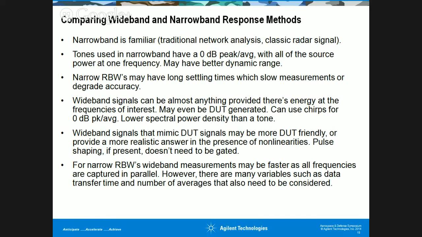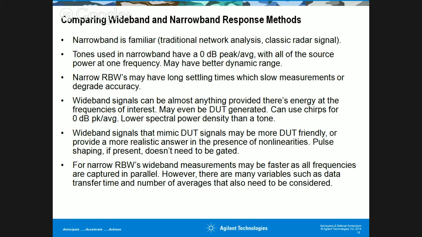However, in the case of wideband signals, which can be almost anything provided there is energy at the frequencies of interest, what do we get? Even with DUT generated noise, you can use chirps for 0 dB peak to average ratio and lower spectral density than a tone.